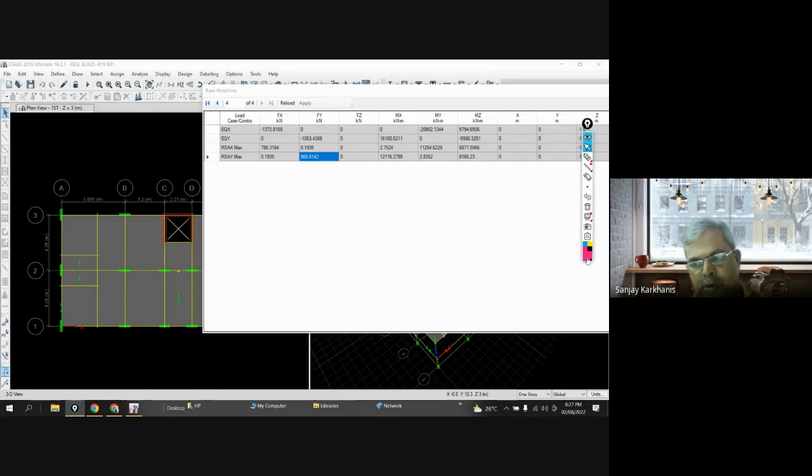So I think it is better to write it here. For EQX, I will write 1372.8188 divided by spectra X, that is RSA X, 786.184.